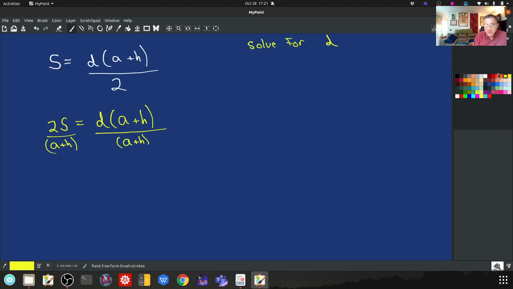And when you do that, notice that the A plus H factors cancel. So my final answer is 2S over A plus H is equal to D. So I solved for D.